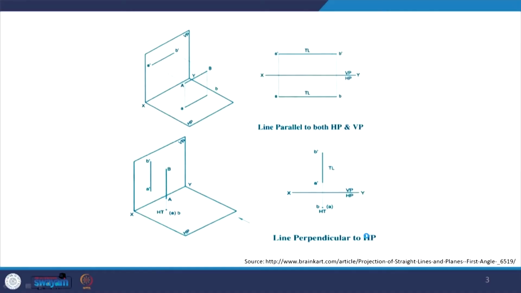Now these lines could be placed in the first quadrant, which is what we are considering, in multiple ways. So let us look at some of these ways in which these lines could be placed. The first one, which is very simple, is when the line is parallel to both HP and VP, the horizontal plane and the vertical plane.